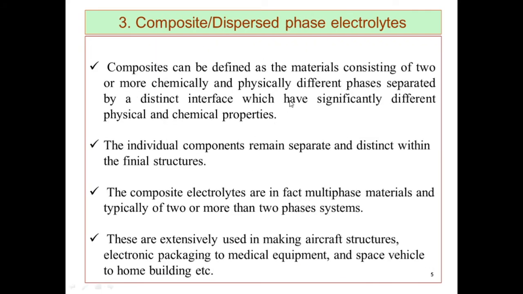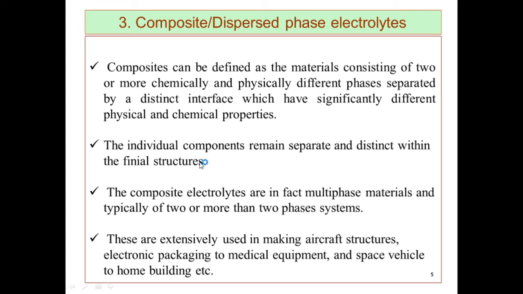The third case of this type of materials is composite or dispersed phase electrolyte. A composite can be defined as a material consisting of two or more chemically different phases separated by a distinct interface, which have significantly different physical and chemical properties.